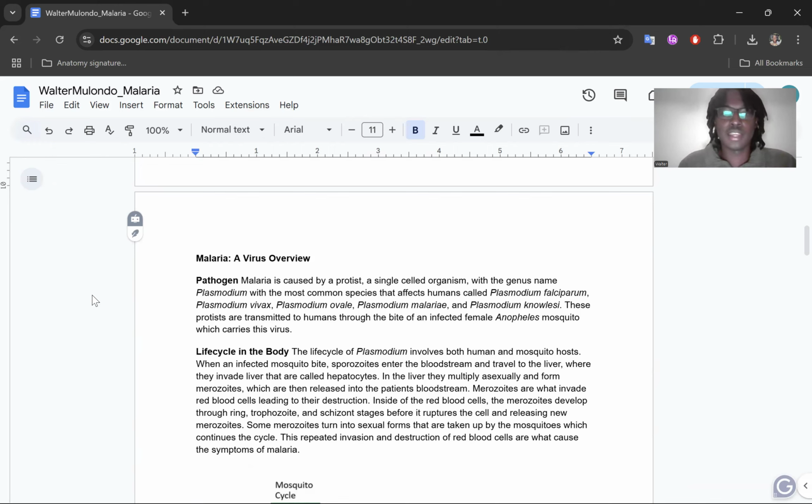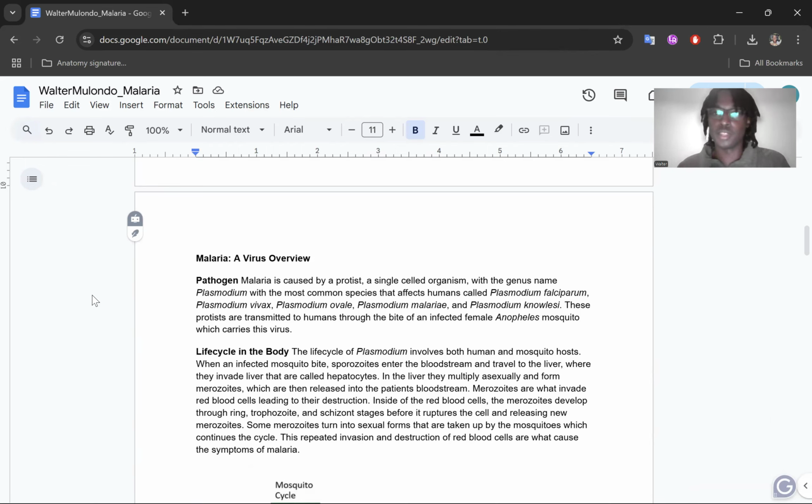Merozoites invade red blood cells and normally cause them to be destroyed. They develop through a ring stage, called a trophozoite, and schizont stages before it ruptures the cell, releasing new merozoites. Some merozoites turn into sexual forms and are taken up by the mosquito, which continues the cycle.